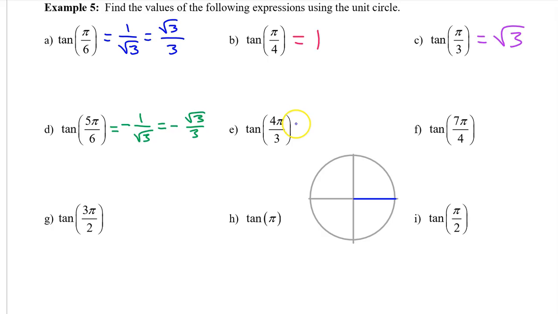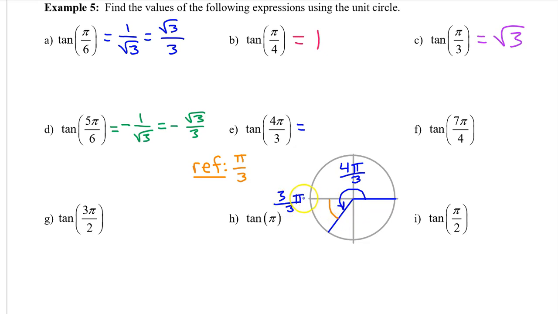Part E. In what quadrant is 4 pi over 3? Well, let's think of pi as 3 pi over 3. Then 4 pi over 3 will be pi over 3 more than 3 pi over 3. That places it into the third quadrant.